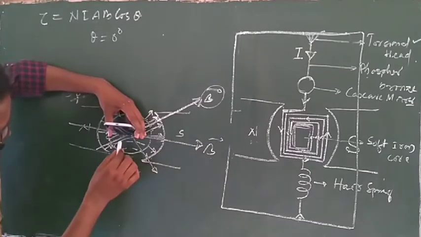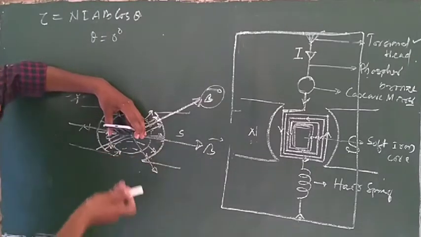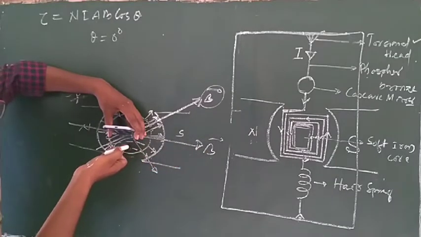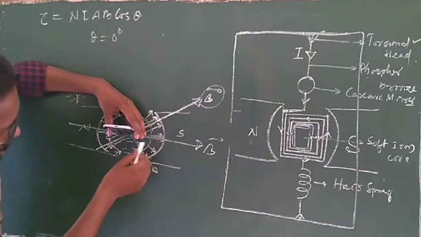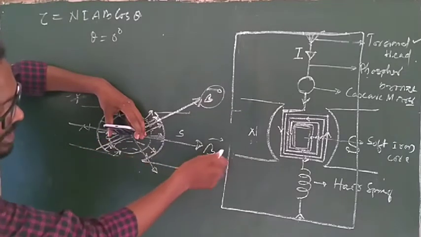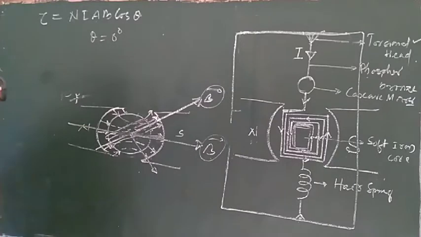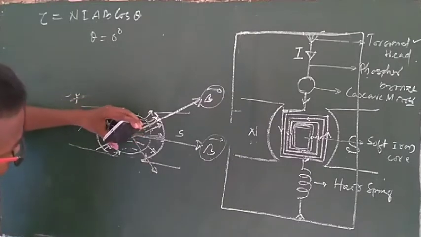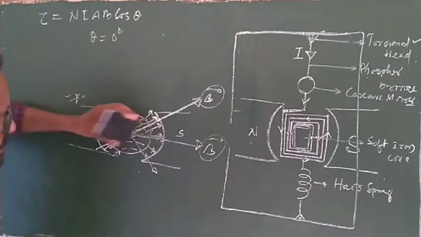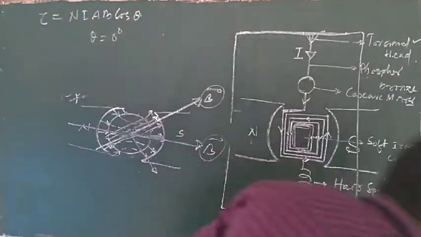That means theta, the angle between the plane of the loop and magnetic field, is 0 degree. So at each and every point theta is 0 degree, because of the radial magnetic field. Clear?